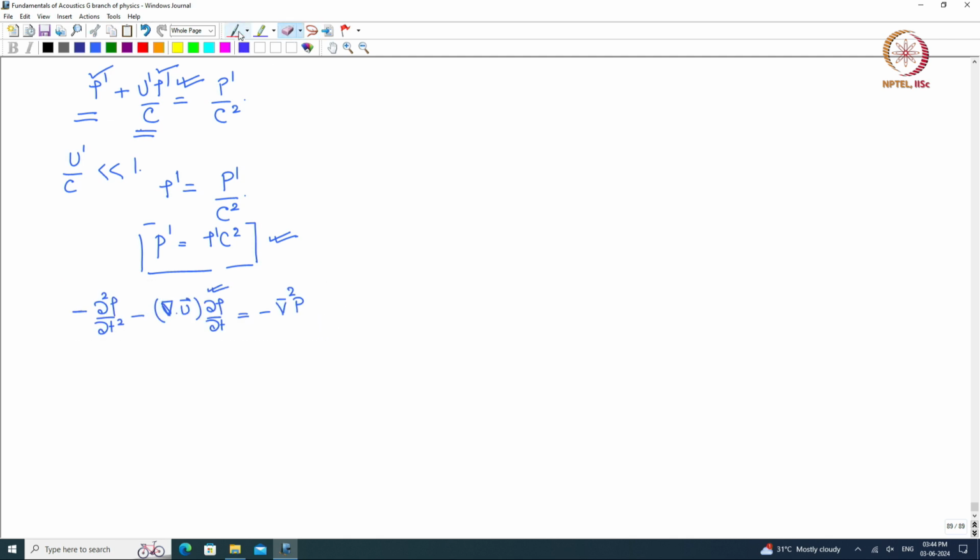If we convert the signs, this term is this term, this term is this term, and this is much smaller than this. So what I have is del 2 rho dash by del t square is equal to del square p dash.